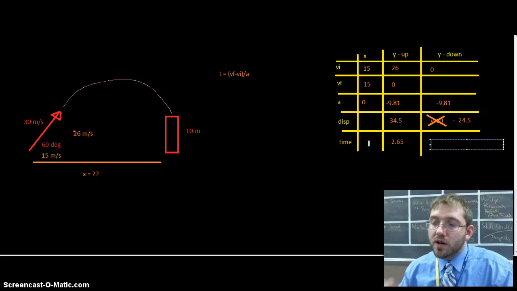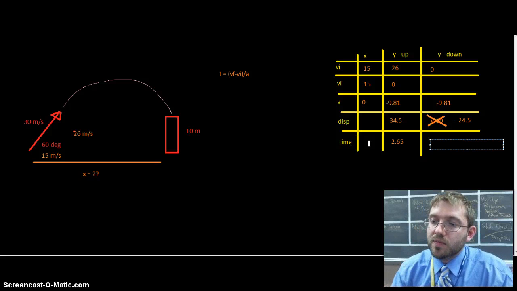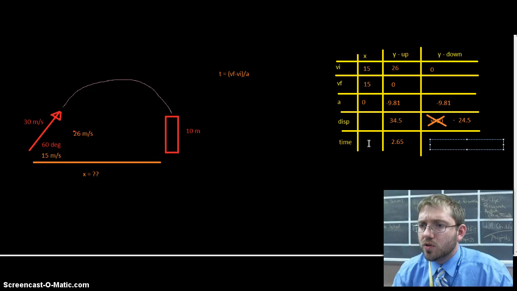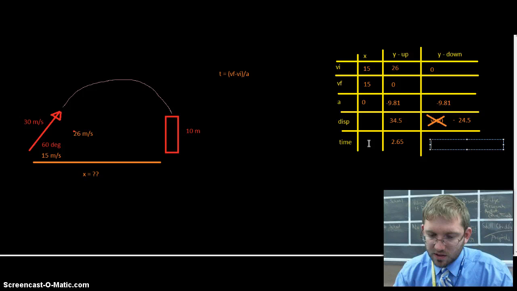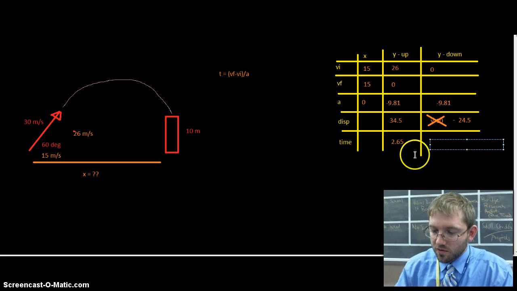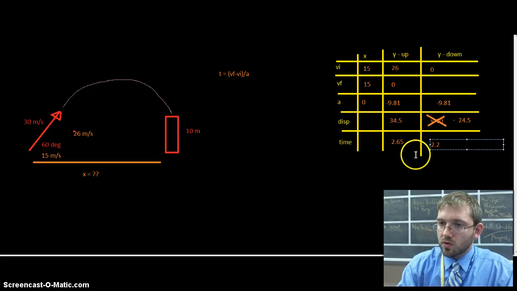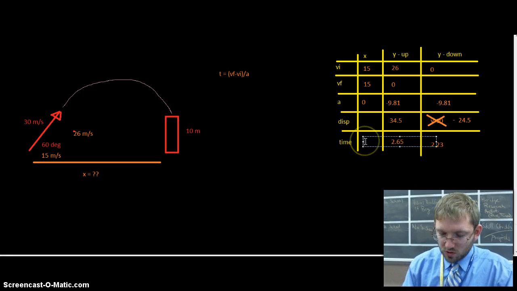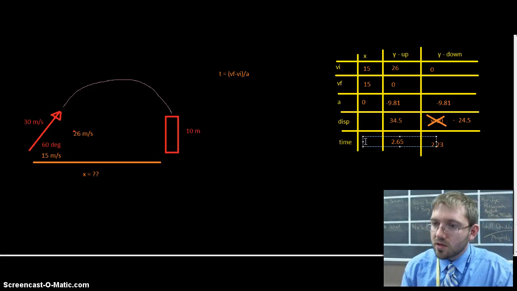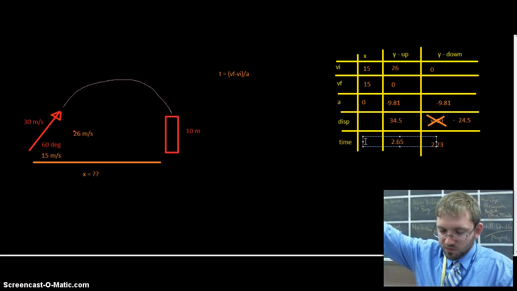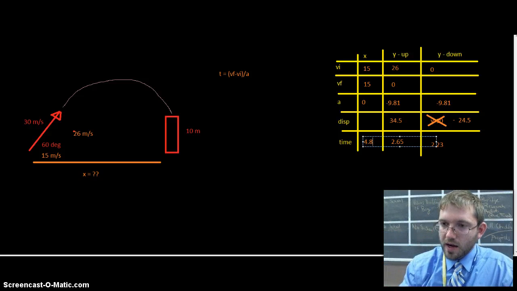I solve for how long it takes to go that time using, I guess we could use the third equation, Vi delta t plus 1/2 A delta t squared. So square root of 2 times 24.5 divided by 9.81 gives me the time being 2.23. So if I take 2.23 plus 2.65, I get 4.88.